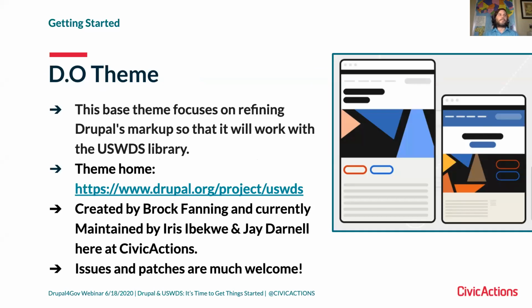The theme home is there on the screen, /project/USWDS on D.O. It was created by Brock Fanning and is currently maintained by Iris Ibekwe and Jay Darnell here at CivicActions. Also, Dustin and I help out as much as we get a chance to, and we'd like for you to help out too. So if you're using this theme and see issues, we'd love for you to create an issue in the issue queue, and even better yet, add a patch.